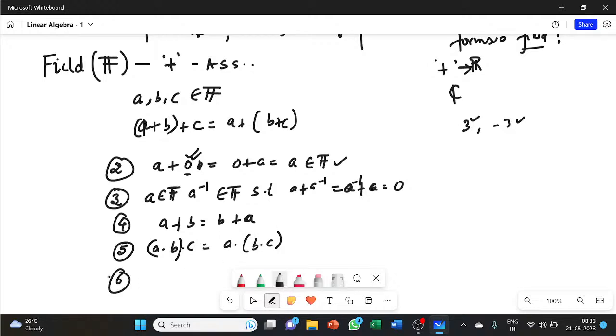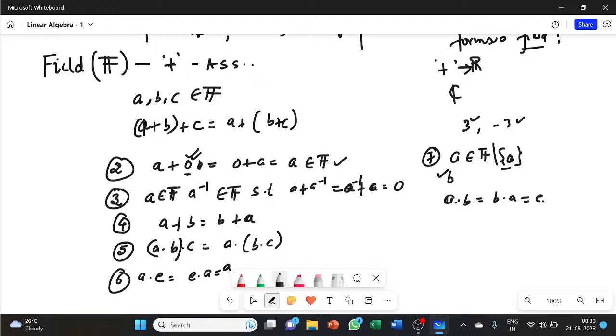The sixth property is the existence of identity here, that is A into E is equal to E into A is equal to A. The seventh property is the existence of inverse: for any A belonging to the field except 0, because for a multiplicative inverse you ought to exclude 0. If you have a multiplicative inverse, say B, then A into B or B into A should give you the identity.